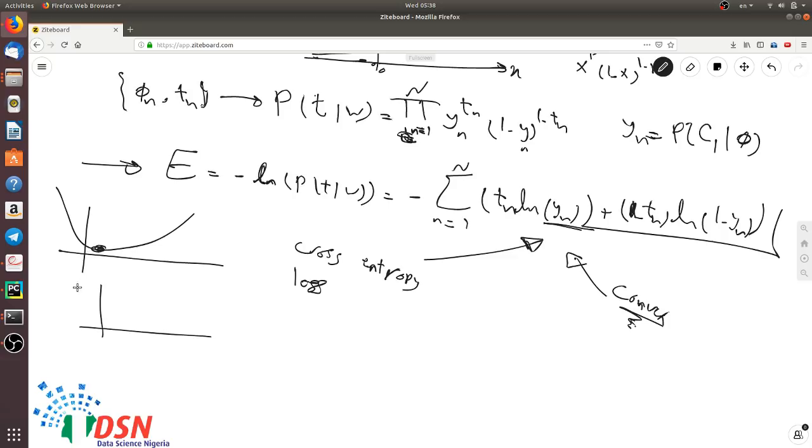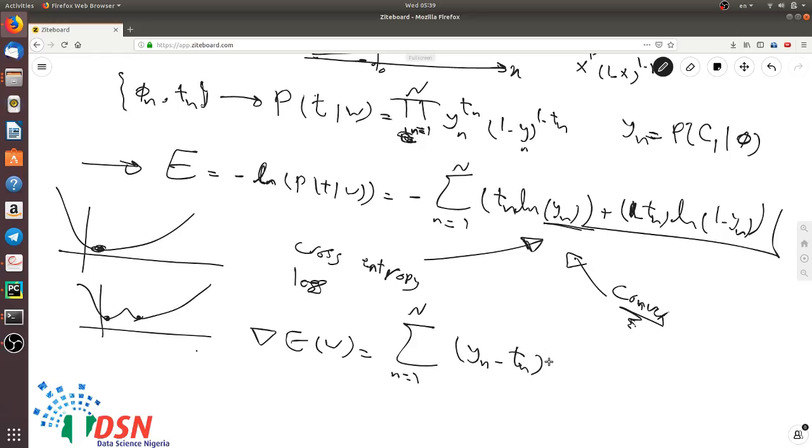Okay, so if we have something like this, this is not convex because we have some local optima which are not global optima. Now we could apply gradient descent to update the weights. If we calculate the gradient, it is equal to the sum over n of (yn minus tn) phi n. So it makes sense.